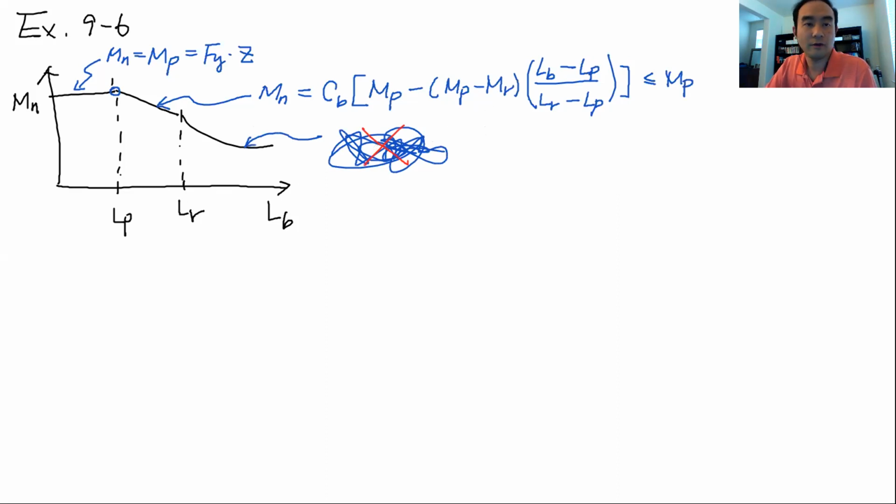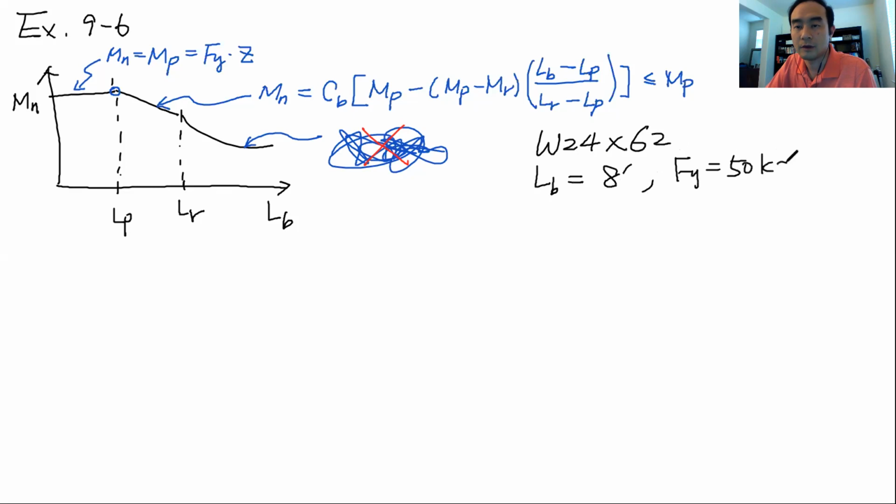We have the given section, which is W24x62, and given L sub b, the unsupported length, is 8 feet, and then Fy is 50 in ksi. So first, let's just focus on one of the methods, let's say LRFD.